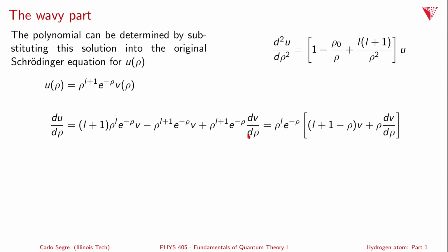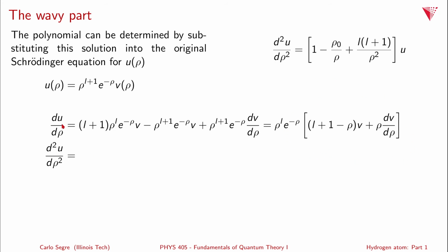We can now regroup this by pulling out a common term, which is rho to the L e to the minus rho, multiplied times L plus 1 minus rho, all times v, plus rho dv d rho.